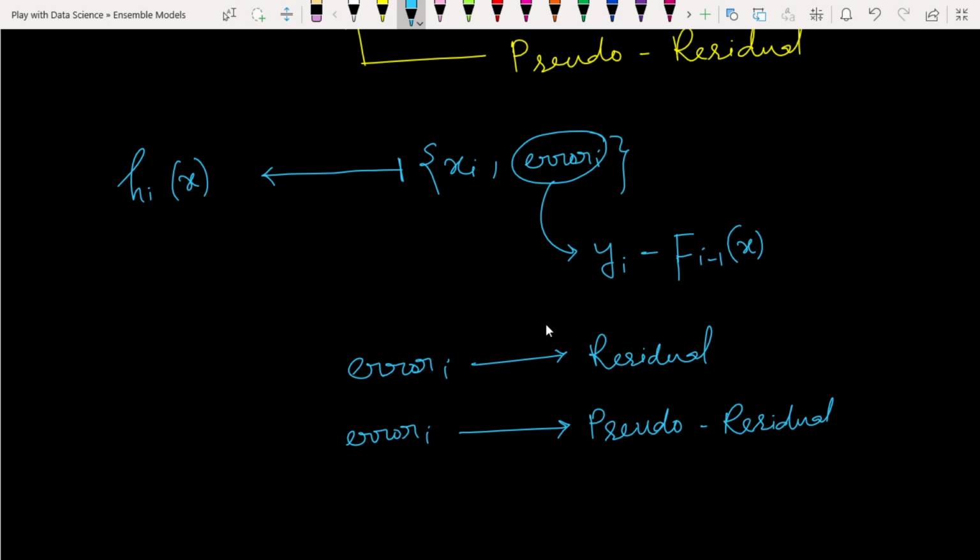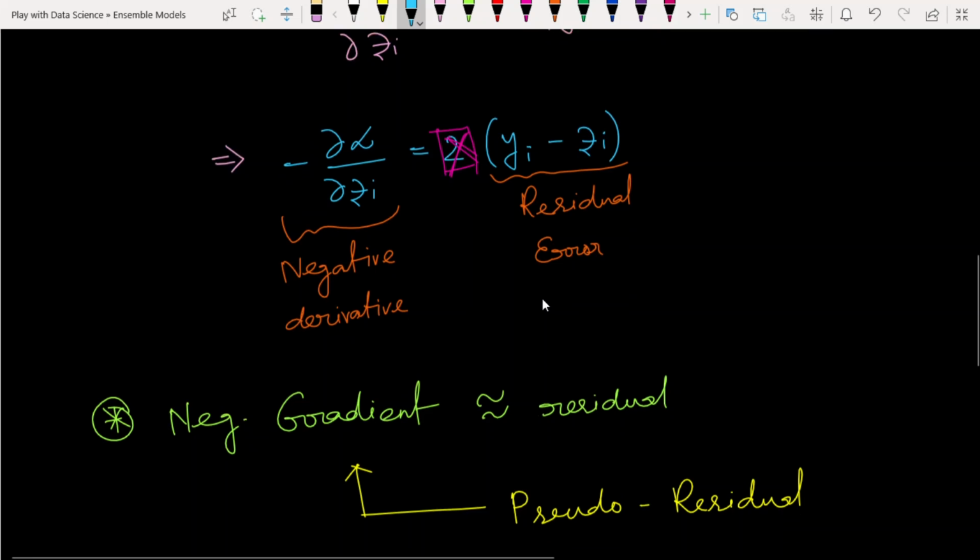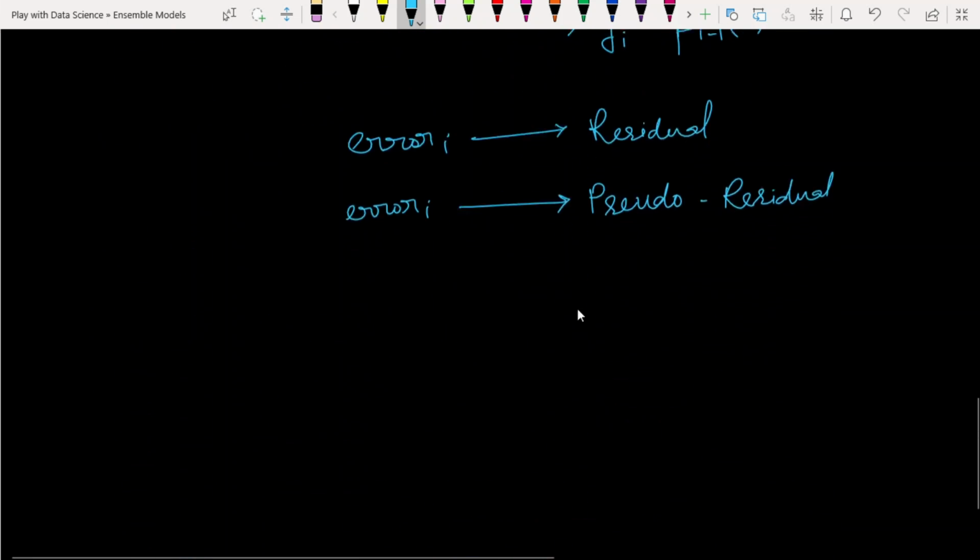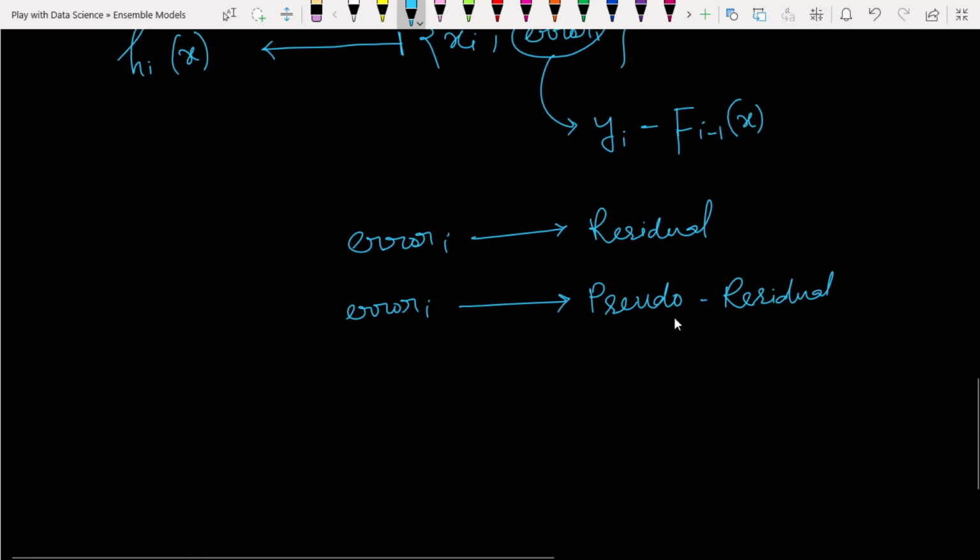Both are errors, but one uses the derivative term, meaning the gradient term, and the other is the simple residual error. But why do we need the gradient technique?